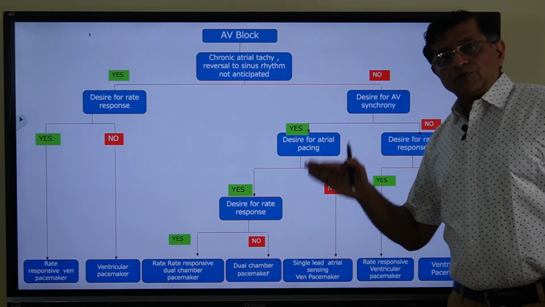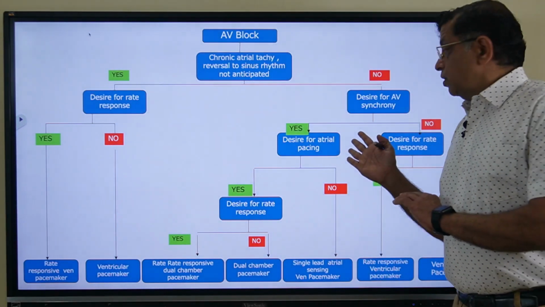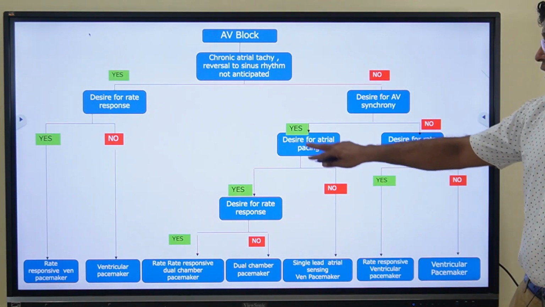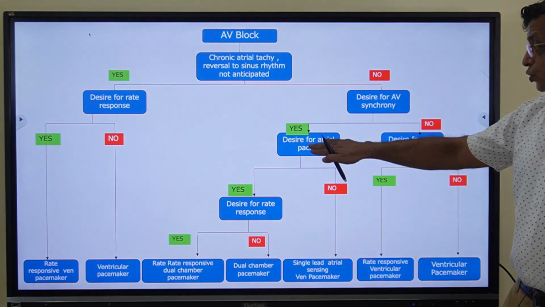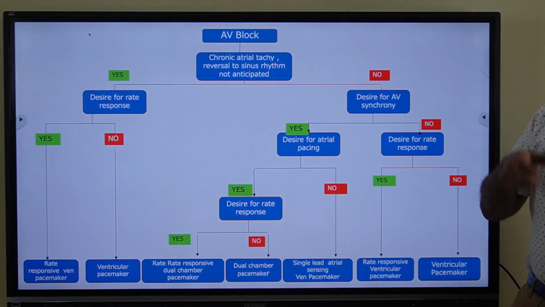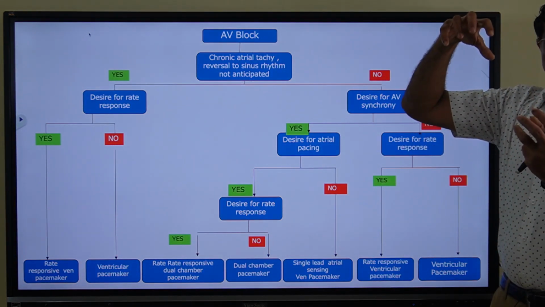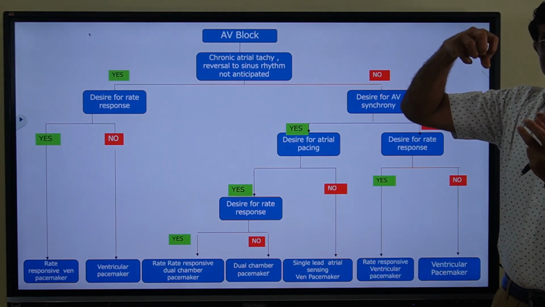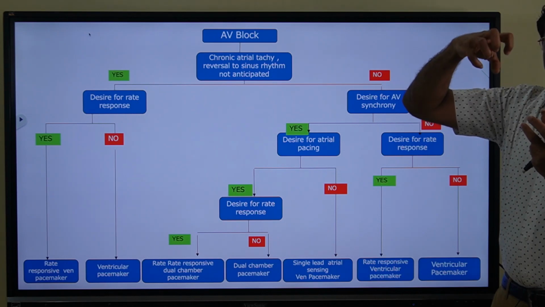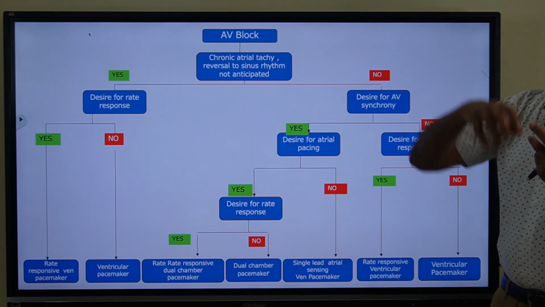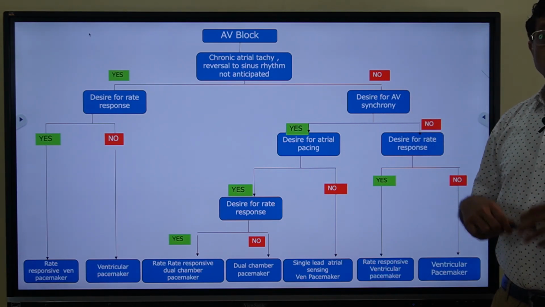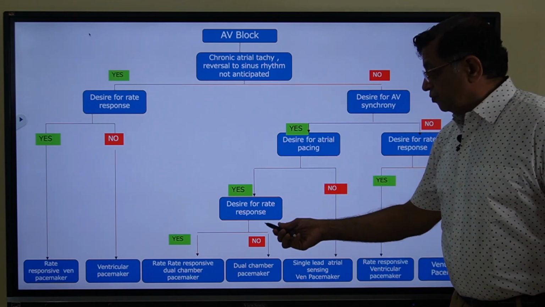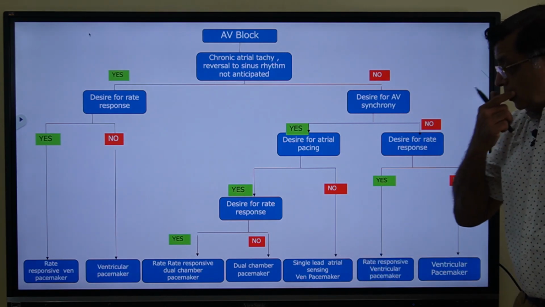Ideally, every patient with a pacemaker should go for AV synchrony, right? So in AV synchrony, if you desire atrial pacing, ideally you should pace the atria and the ventricle. So both get paced in sequence with a delay that is normal, so that the cardiac function is nearest to normal.